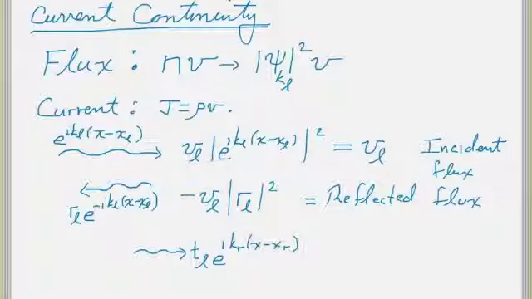I'm sorry, T_R coming out the right-hand side, T_R e to the i k_R. This gives you v on the right-hand side times the magnitude squared of the wave function. So this is your transmitted flux.